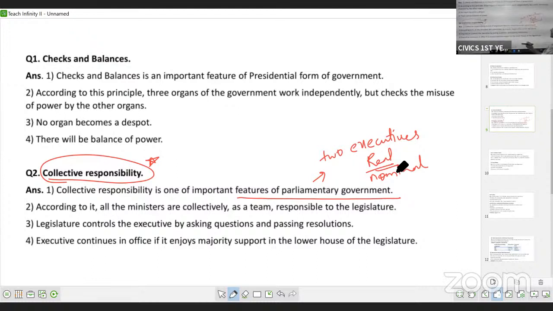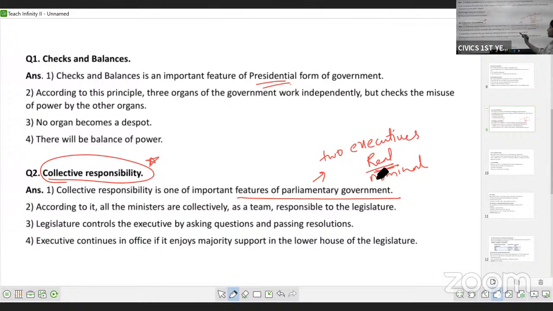Whereas in presidential form of government, the people of the country directly elect the president. In parliamentary form of government, the real executive, that is the prime minister and all his ministers, are part of parliament.